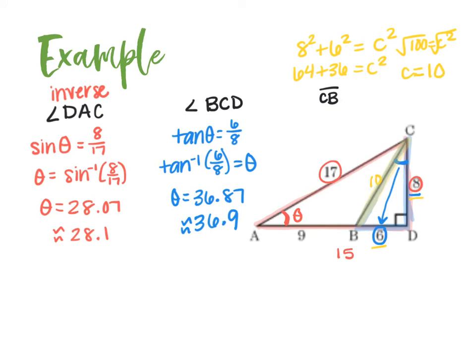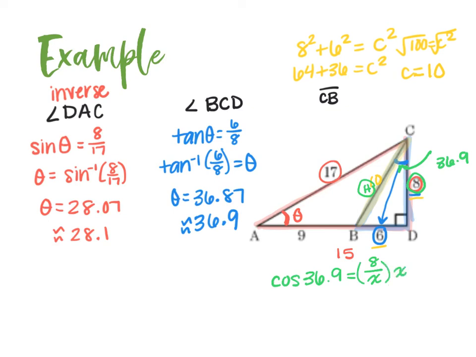Now let's use trig to find it. So I know that this angle right here is 36.9, and this is the hypotenuse. So I could use this 8 and this piece right here. So it would be cosine of 36.9 equals the adjacent over the hypotenuse.